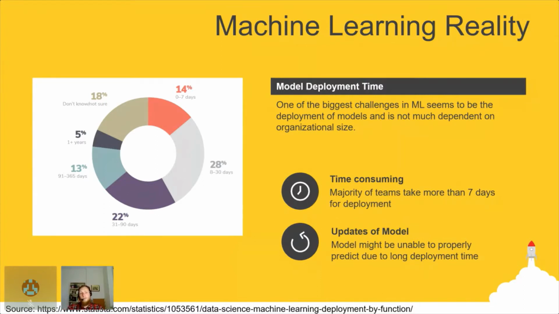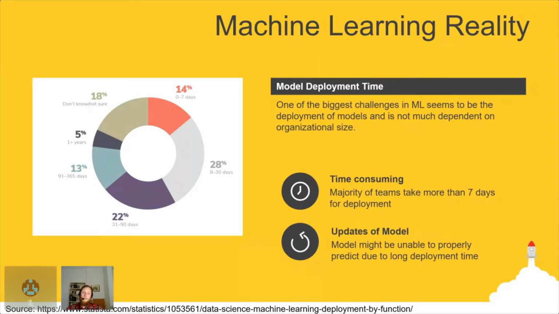For me, the most prominent point to distinguish these teams from each other was the time it took a team to deploy their machine learning models. As you can see from this chart, a rather small percentage even managed to deploy their models in 1 to 7 days. That means it took them less than a week. And I have to emphasize this, less than a week to deploy a model.